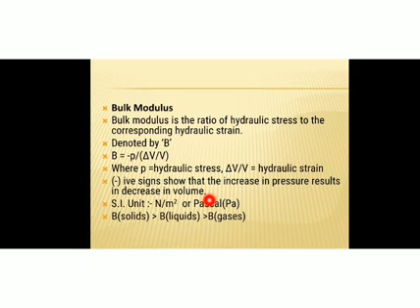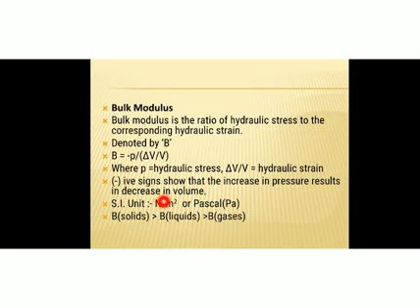Whenever the volume decreases, pressure increases, and whenever the volume increases, pressure decreases. So there is an inverse relationship between pressure and volume. Hence a negative sign is there in the expression of bulk modulus: B is equal to minus P by delta V by V, where the negative sign shows that an increase in pressure results in a decrease in volume.